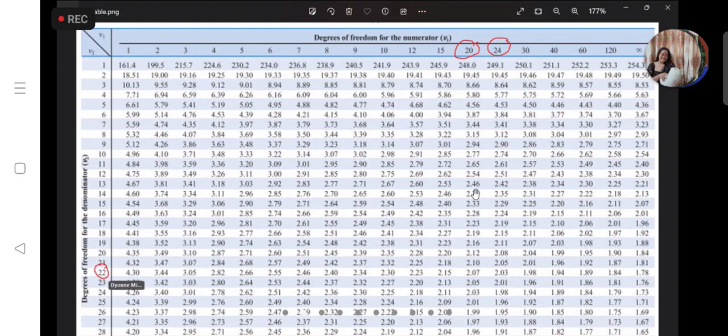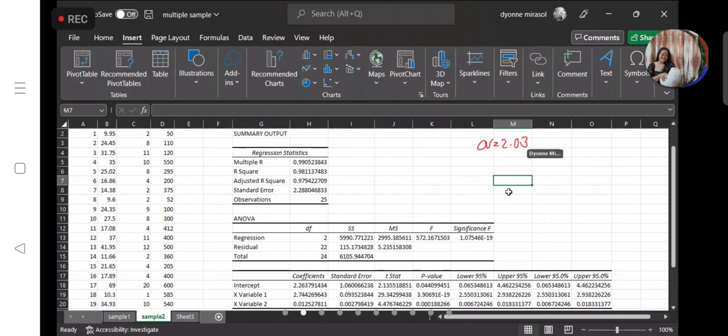So where is it here? It is 2.03. Our critical value is 2.03. We compare this to our F value, which is 572. So our F value is greater than our critical value. Therefore, there is a significant relationship.